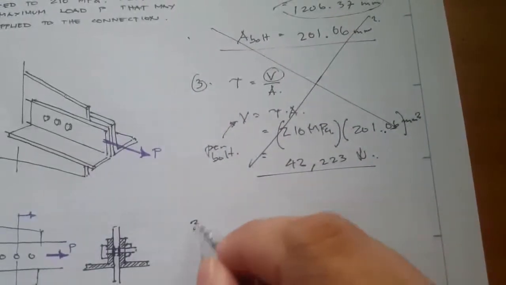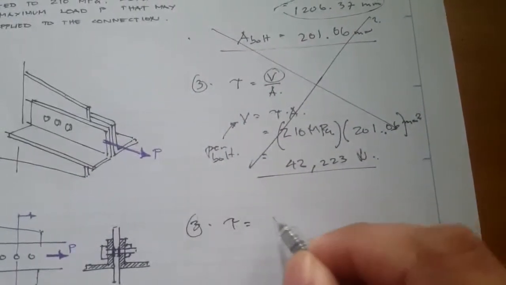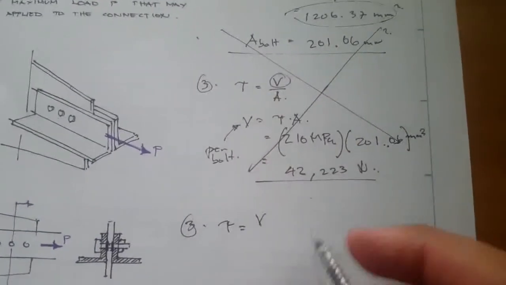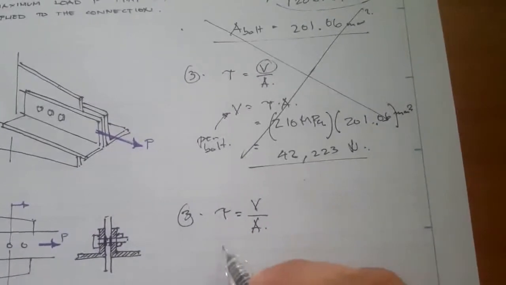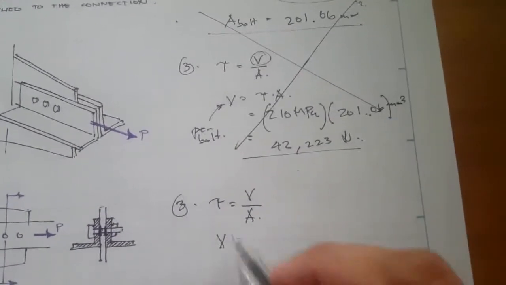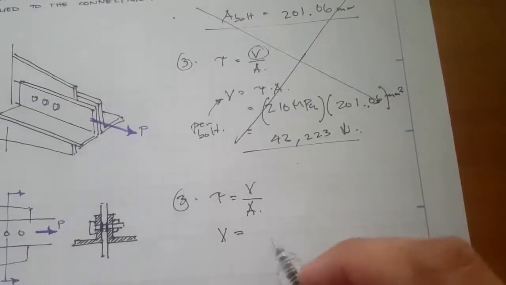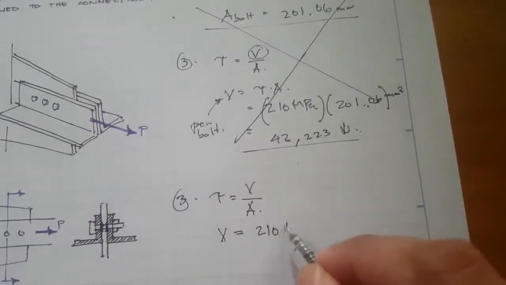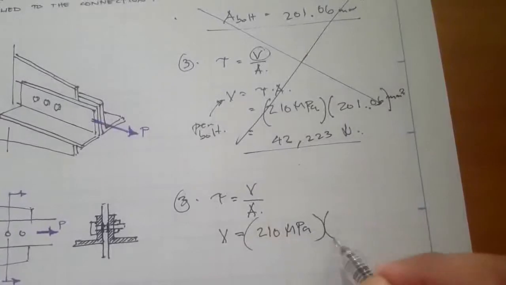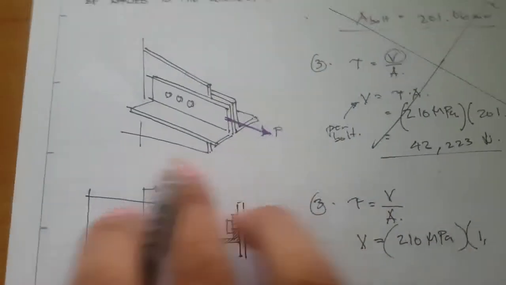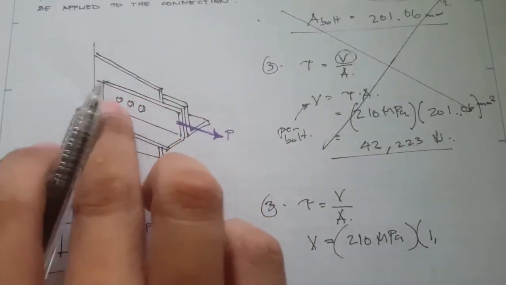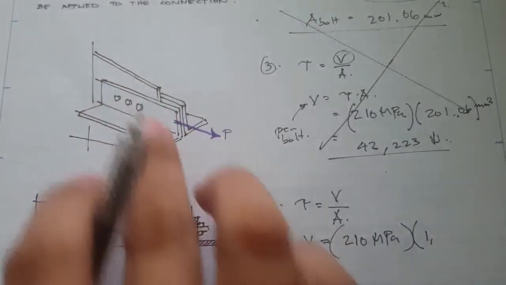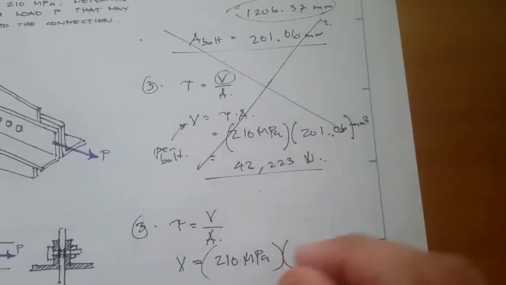For the shear stress, this will be our total shear over A, and the shear force, which is just equal to P, is 210 megapascals times the total area, because this is the interconnection. So I think we should rather use the full capacity of this bolted connection.